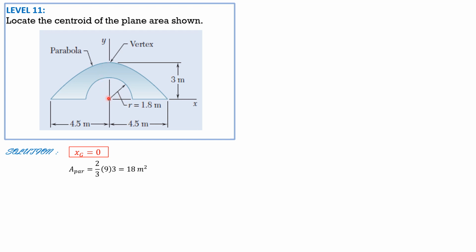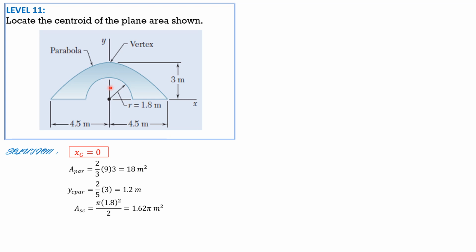Then y sub c of the parabola is, as mentioned earlier, 2/5 of 3, and it is 1.2. For the semicircle, the area is pi r squared over 2, pi times 1.8 squared over 2, so 1.62 pi, which is to be subtracted because this is only the shaded part.